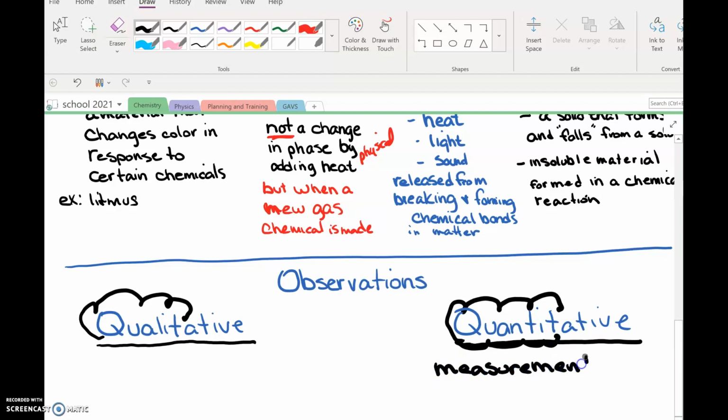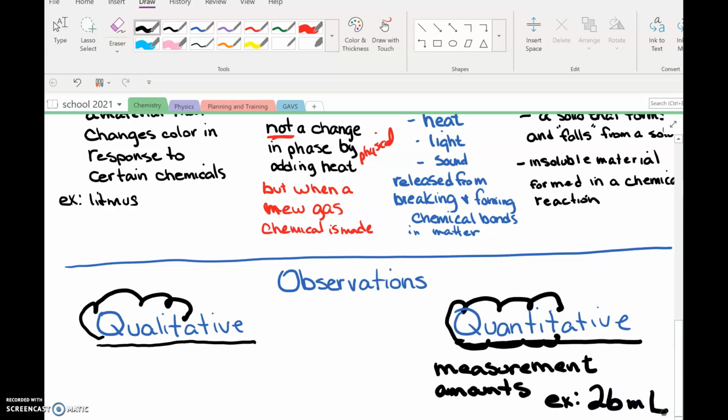I could have told you that I poured a certain number of grams of white powder or a certain volume in milliliters of the liquid. This one deals with the measured amounts of material that are produced. An example would be, let's say, 26 milliliters.